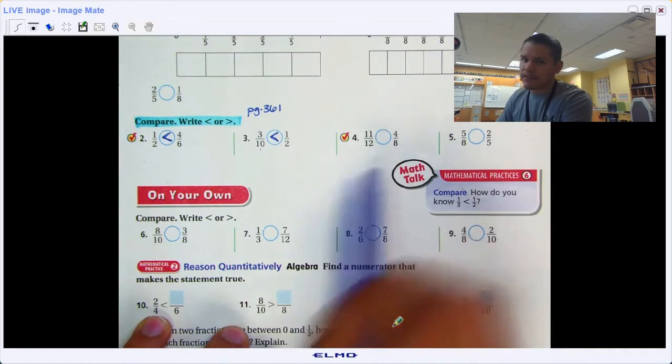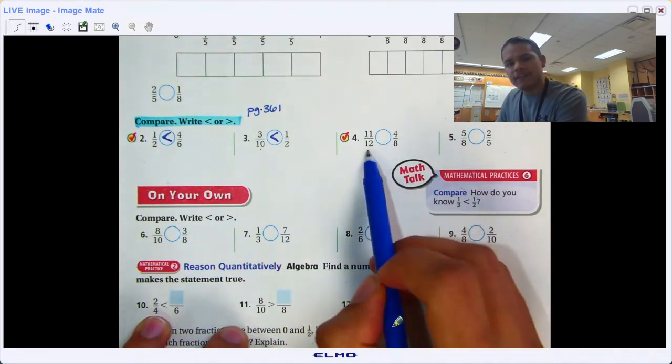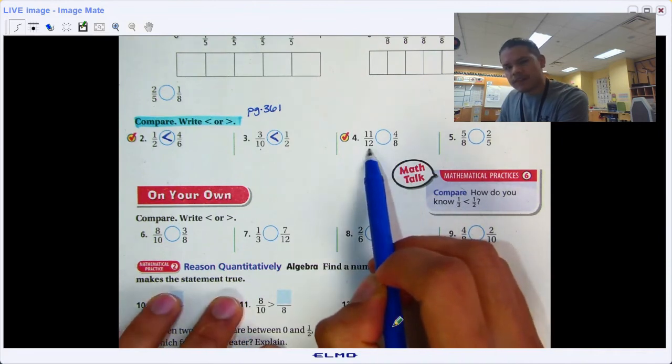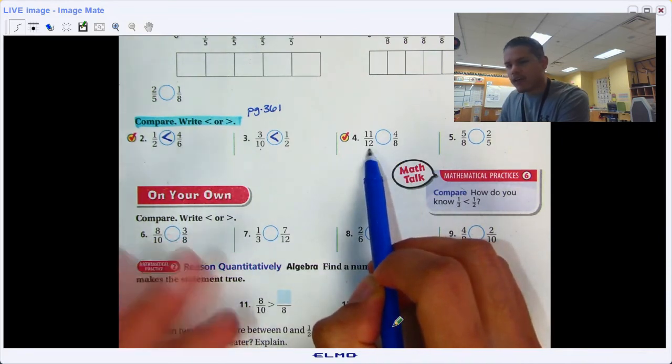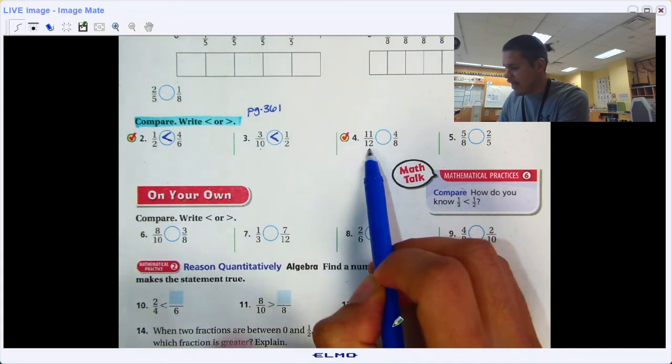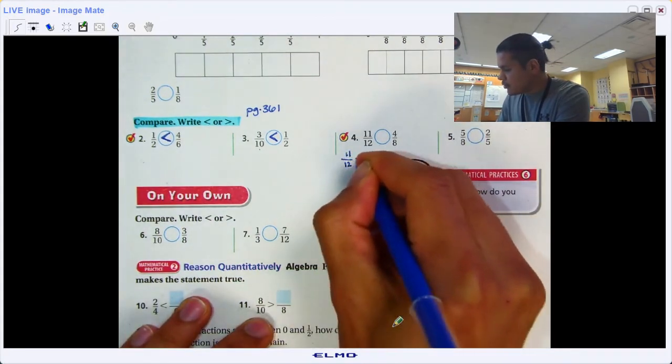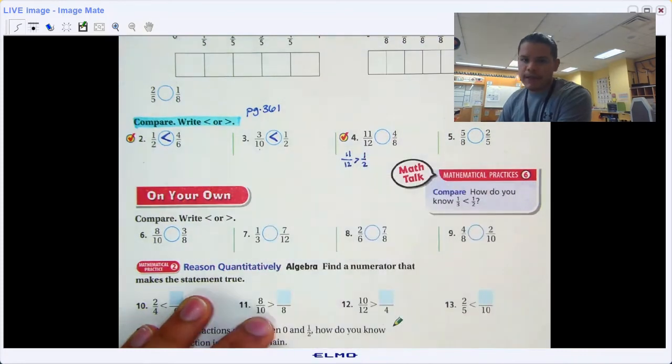So right here, neither one of these are a benchmark fraction. So I have 11/12 and we have 4/8. Now 11/12, is that less than, greater than, or equal to 1/2? I know that 11/12 is greater than 1/2, okay?